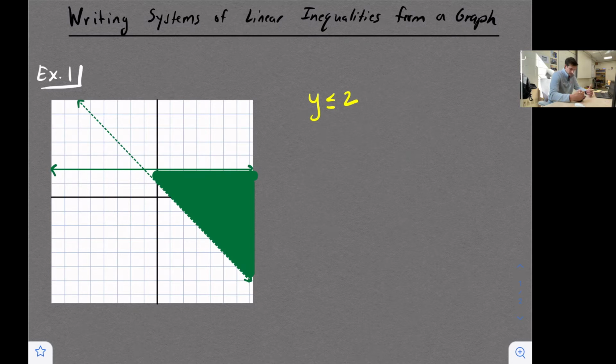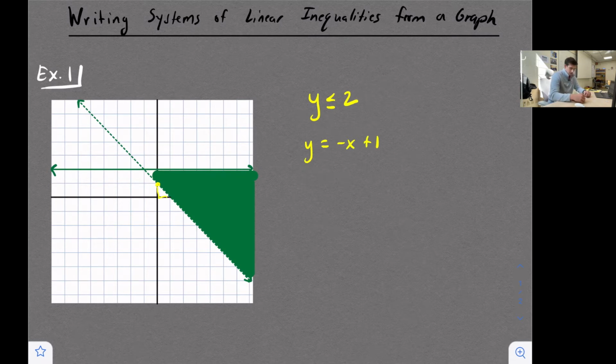Now for the next line, we see right here that it is a dashed line, so we know it's going to be just a greater than or a less than. We're going to start off by writing the equation. So let's say y equals, and we see the y-intercept of 1 and the slope is down 1, right 1. So we're going to say negative x plus 1.